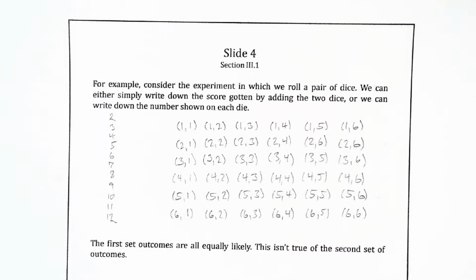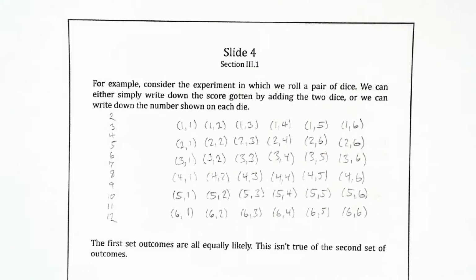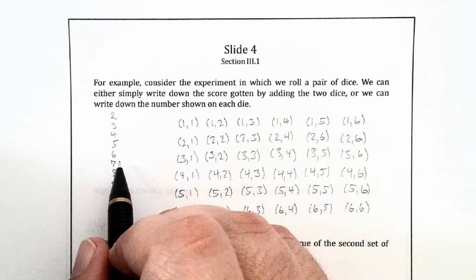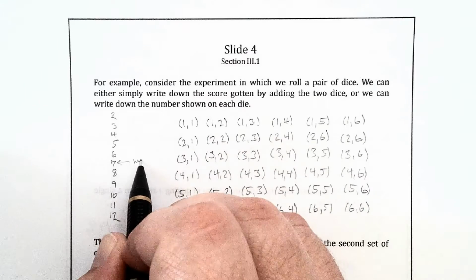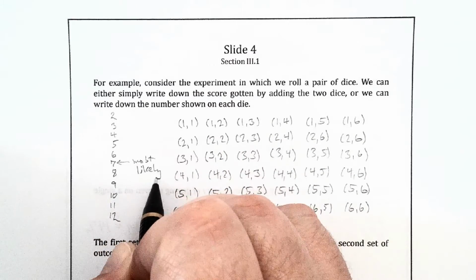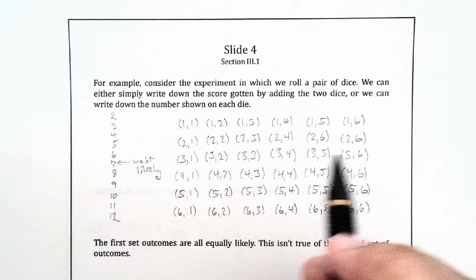So there's 36 outcomes. Now what you'll find about these is that whereas these outcomes were not equally likely, 7 was the most likely, and 2 and 12 are the least likely.